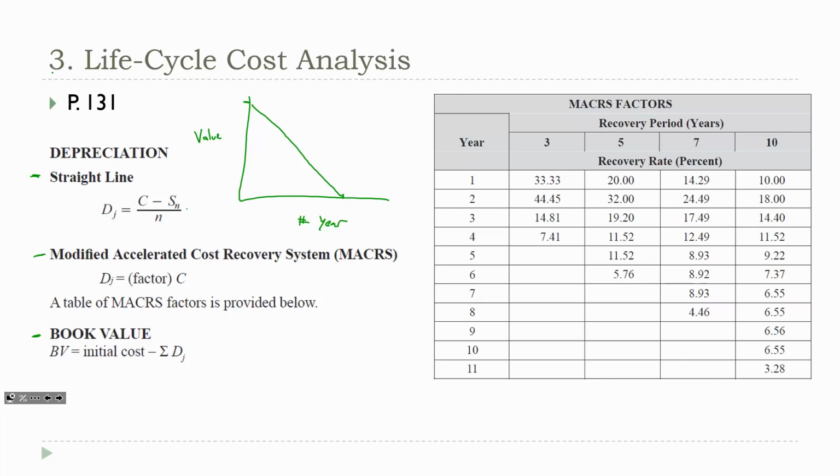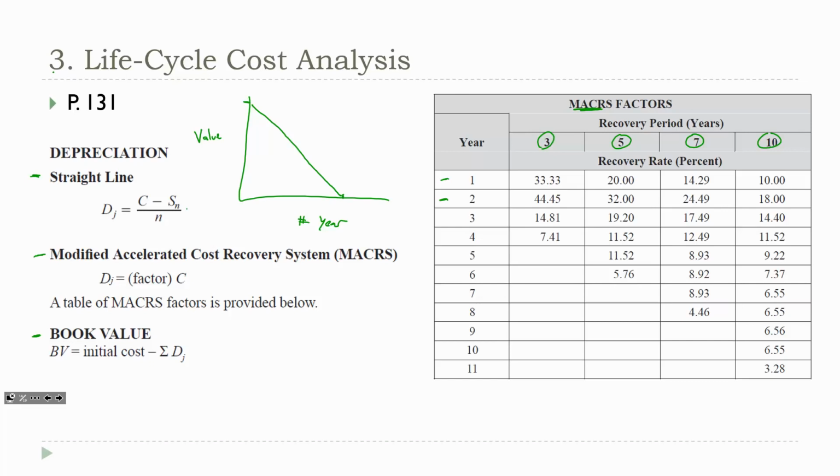The other one is the MACRS, the Modified Accelerated Cost Recovery System, which is what this table corresponds to. You're going to be given in the problem enough information to determine the recovery period, and you're only given a table for 3, 5, 7, and 10 years. Each row corresponds to the amount that's going to be depreciated for that particular year.